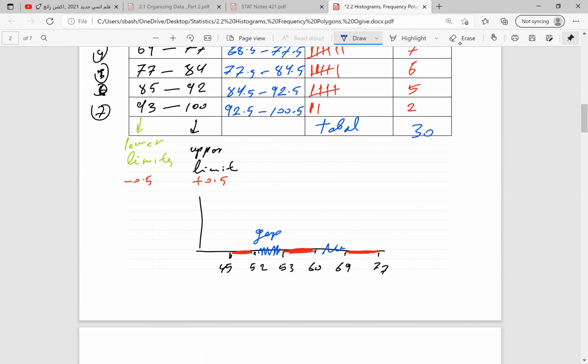Now I have to mention one remark for the classmates. Sometimes the frequency distribution is already given and we need to find the class width. Now to find the class width.